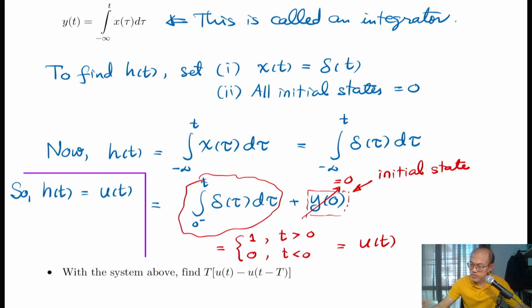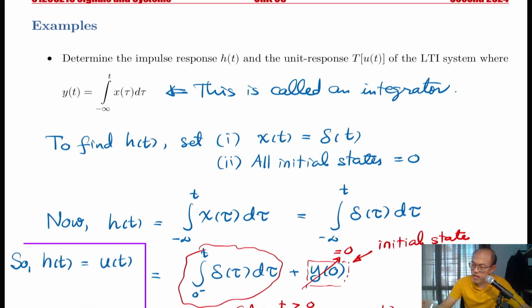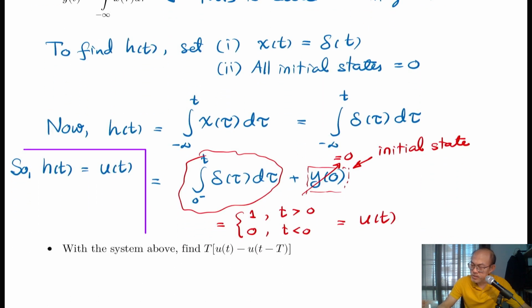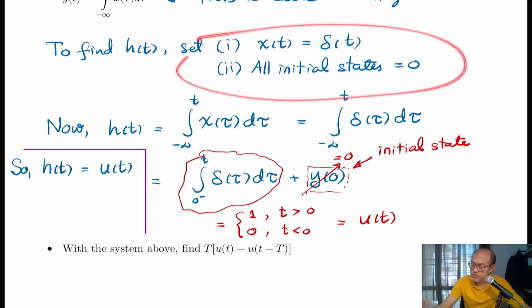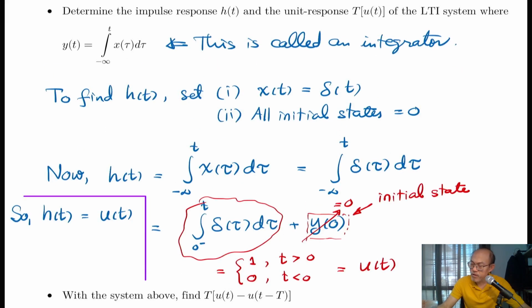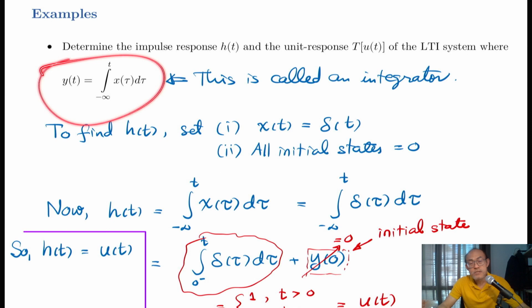So in this example, we have shown that an integrator has the impulse response of u(t), by setting these two conditions and plugging them into the definition of your system.